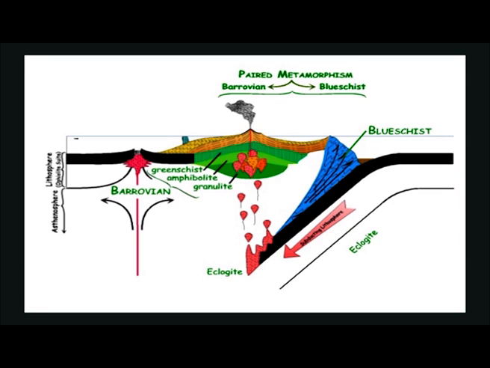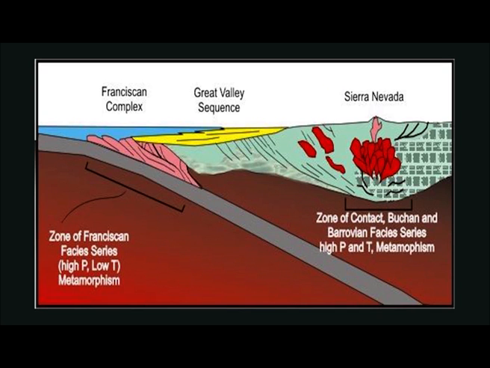Ernst in 1971 observed that this polarity is the key to determining the dip of ancient subduction zones. He recognized that unless the subduction complex has become completely inverted, the dip of the ancient subduction zone should be in the direction of increasing metamorphic grade.